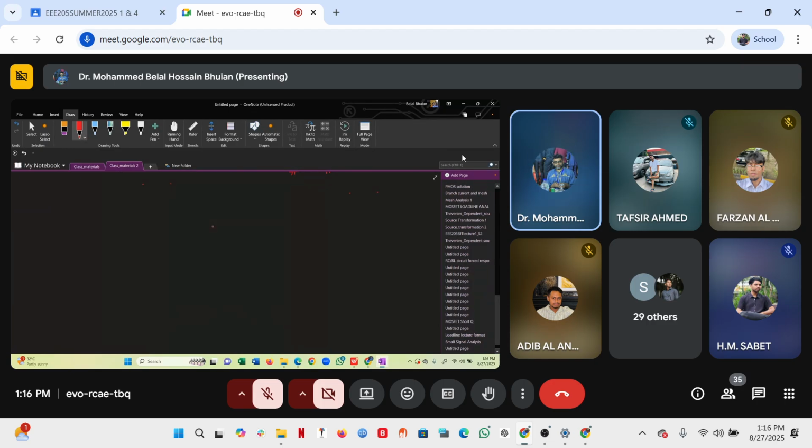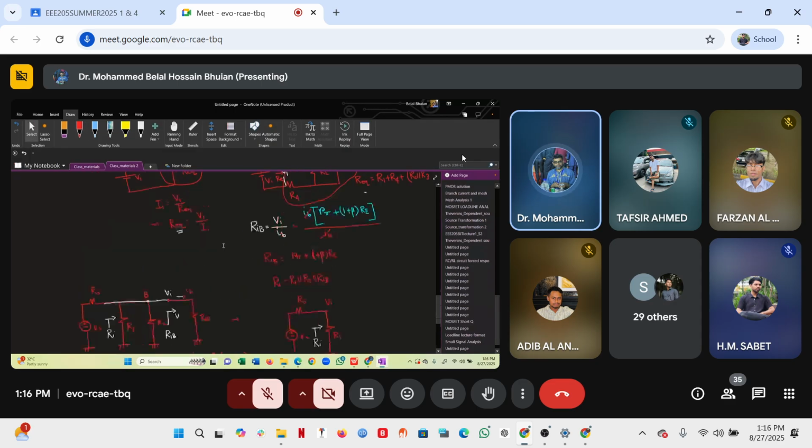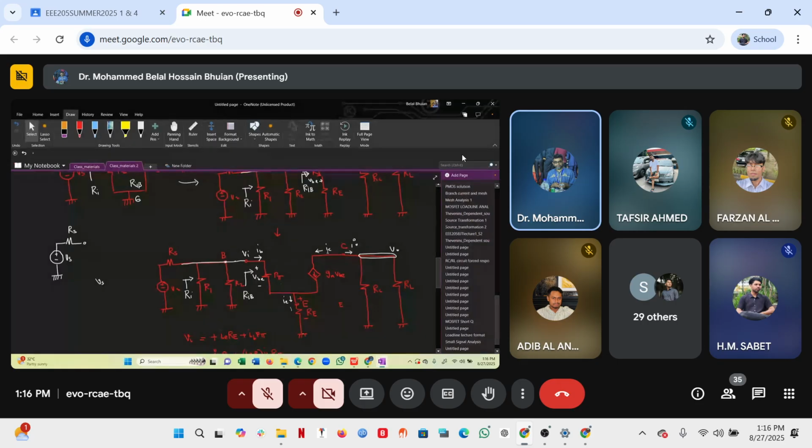So V naught can be written as I naught times RC parallel RL, where I naught is in fact IC but in the opposite direction because it's the same branch.